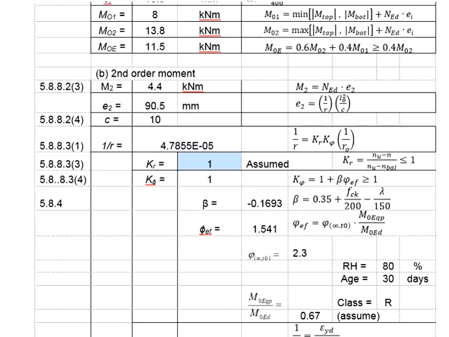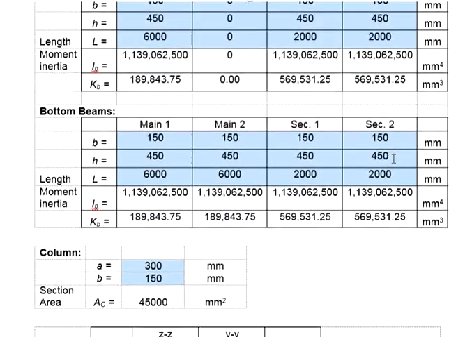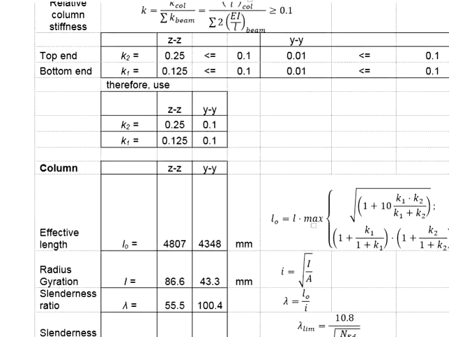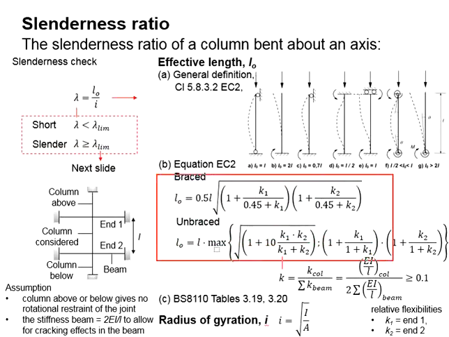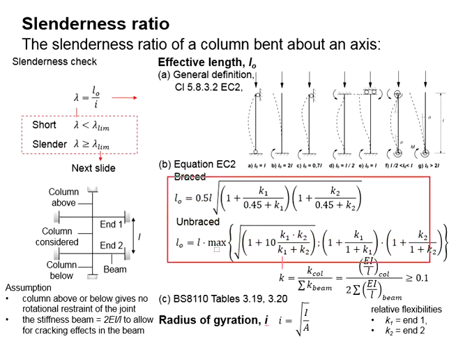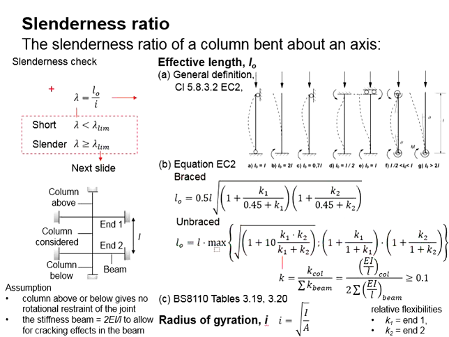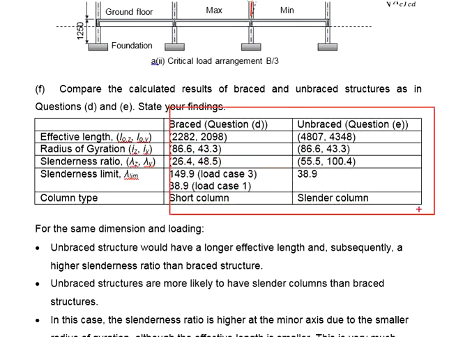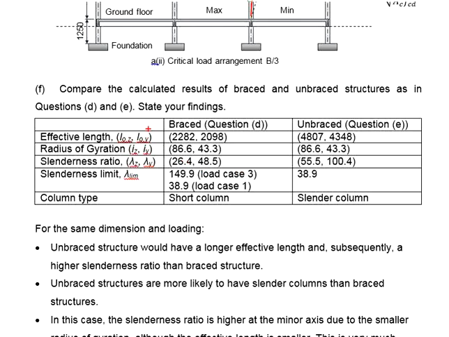Now you might want to ask, why are these two different? This you will have to refer back to the calculation steps to determine the slenderness ratio. More specifically, it is due to the equations for L0 being used. Due to different L0s, now you will have different slenderness ratios. And if you look at the summaries between the braced and unbraced structures under the same conditions, the L0 differs significantly between braced and unbraced structures.